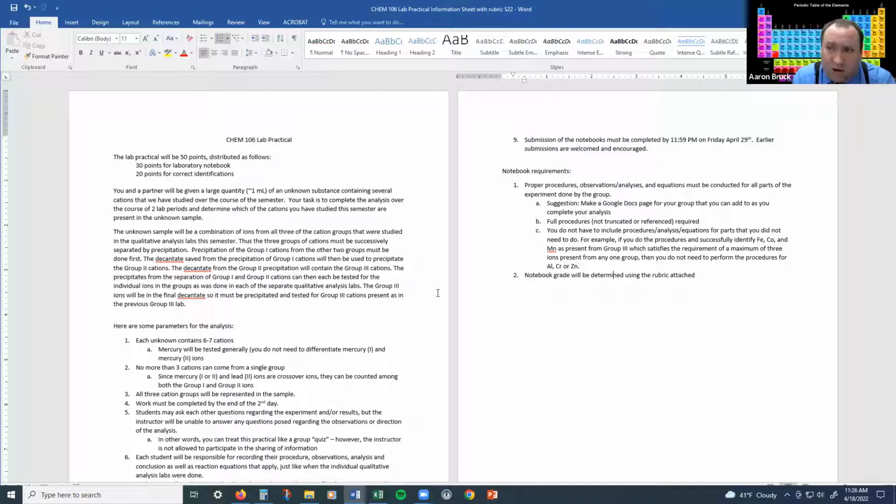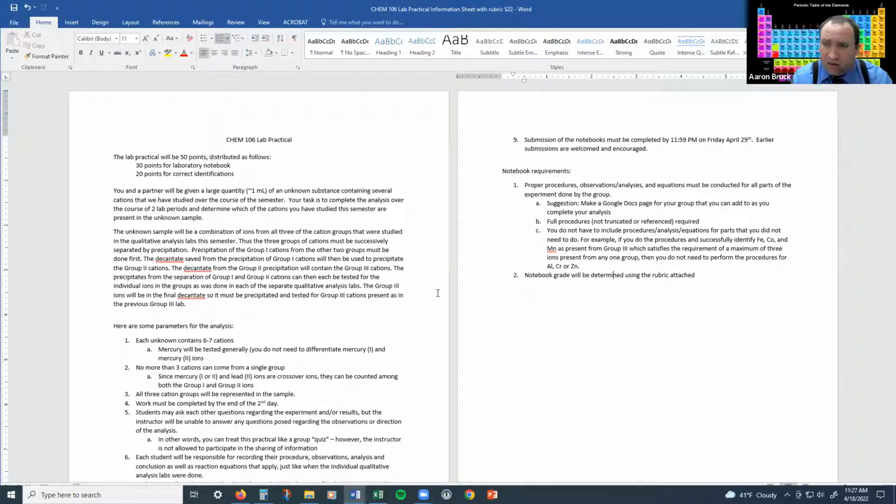And you'll be using the procedures that we have used throughout the semester for the groups 1, 2, and 3 ions. So the difference is, instead of taking the group 1, separating off those chlorides, and then throwing out the rest, this time you'll take the chlorides, separate them out, and then that substance will become the unknown that you use for the group 2 analysis.